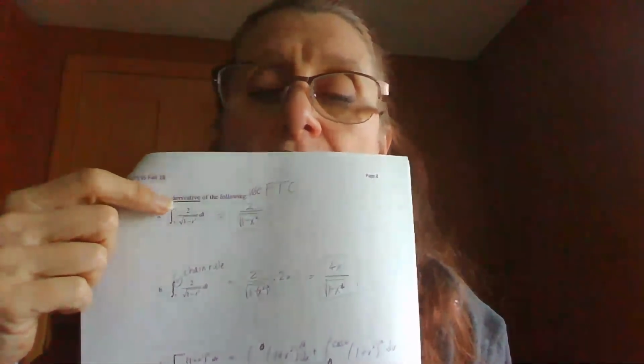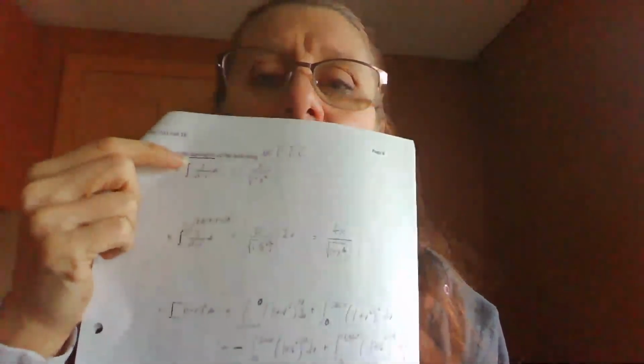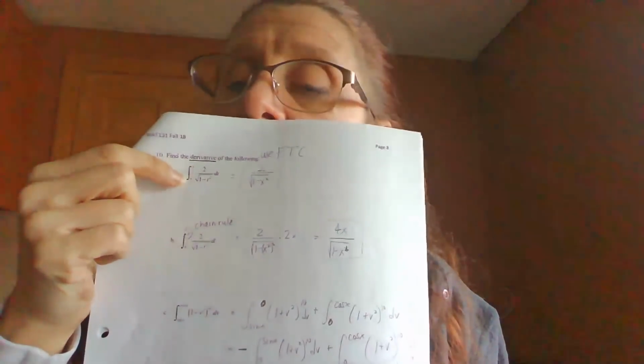Fundamental theorem of calculus. You definitely want to go in knowing this. The thing that you want to know about the fundamental theorem of calculus is to train your eye to recognize that you're taking the derivative of an integral.